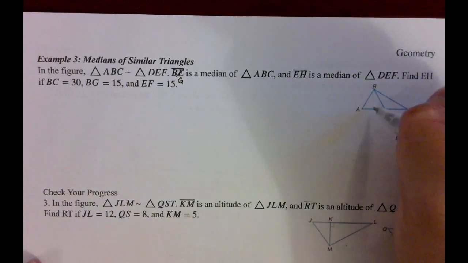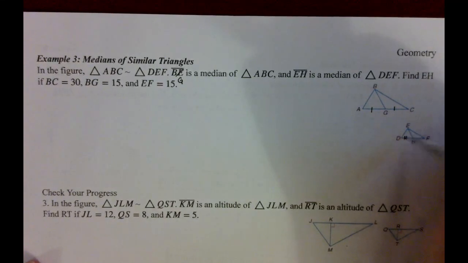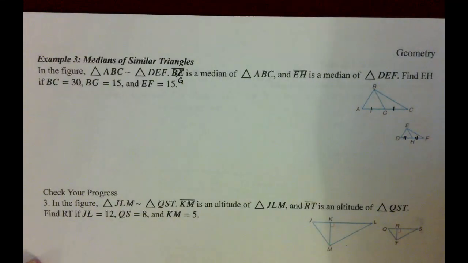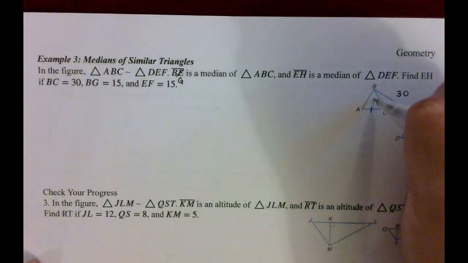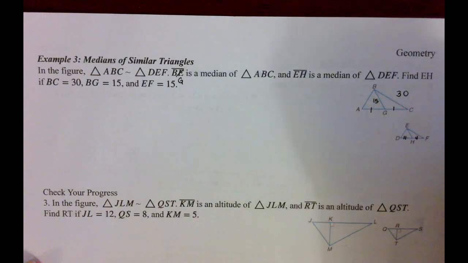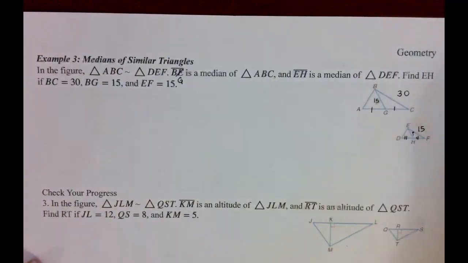Part of a median is that it goes from the vertex to the midpoint. So this is congruent, and this is congruent. We want to find EH, what this is, if BC here is 30, BG here is 15, and EF here is 15.